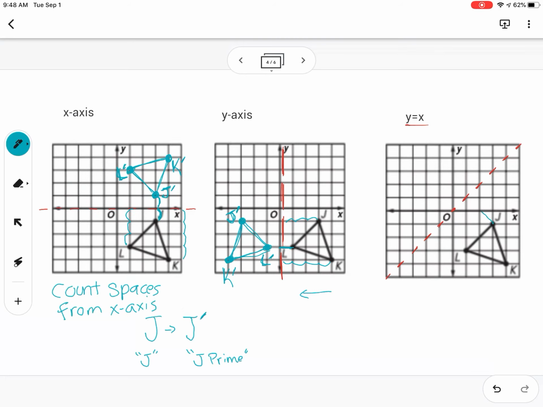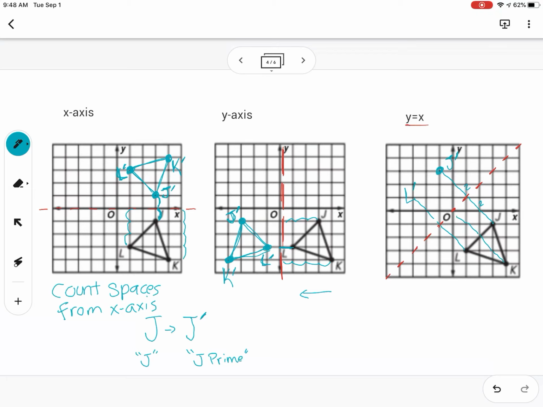So we're going to do the same thing. If you look here, I'm going to go across 1, 2 squares, so then go 1, 2 more for new J. Right? 2 and 2. L is 1, 2, 1, 2.